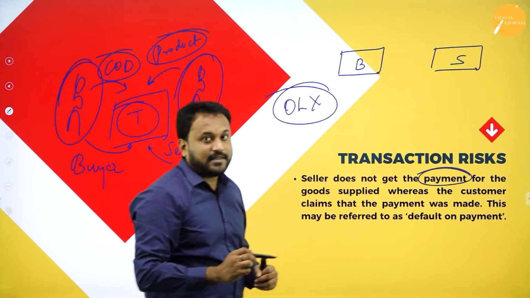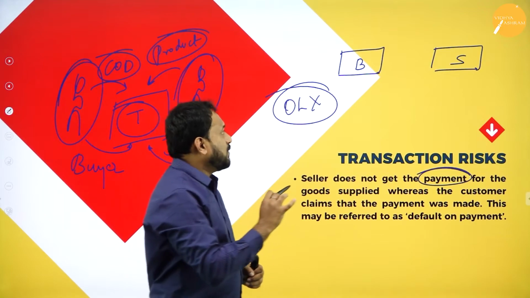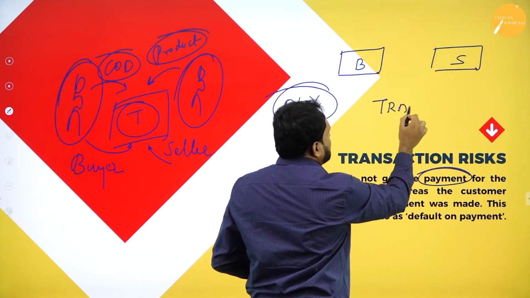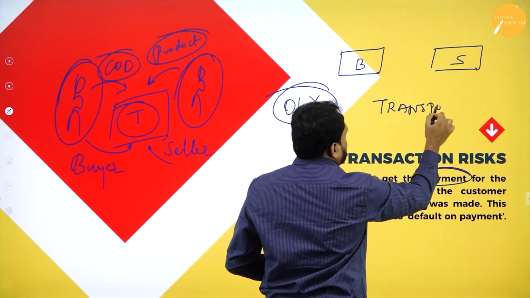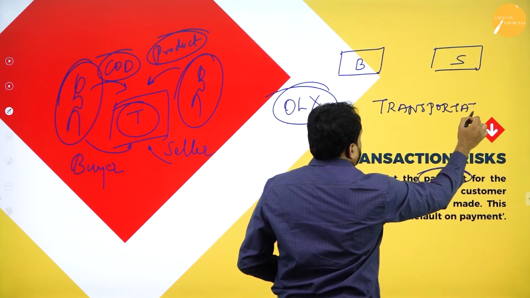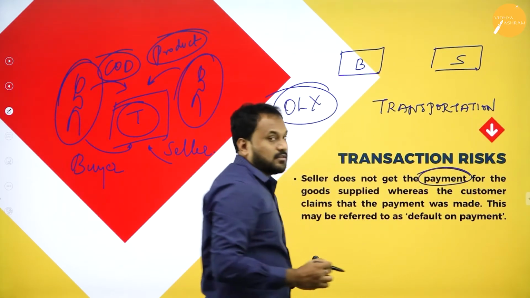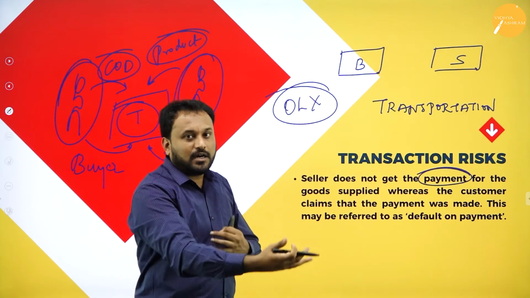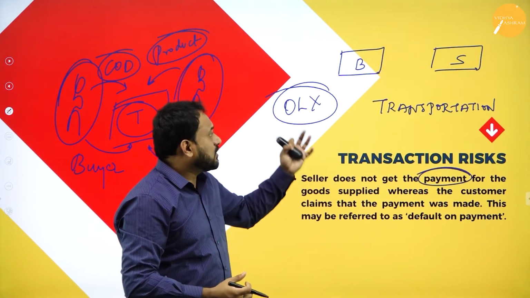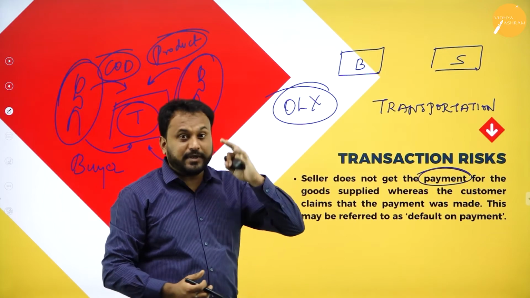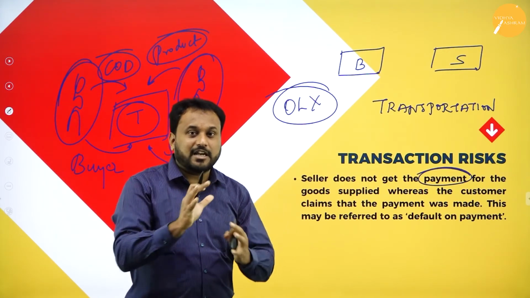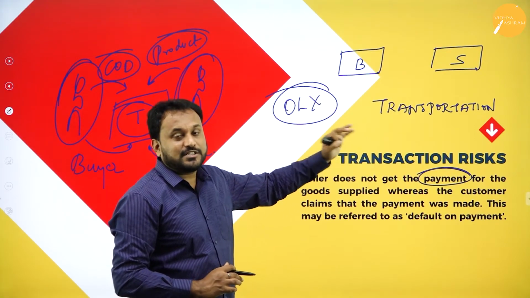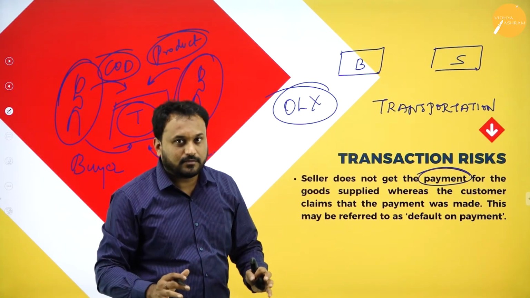Now what exactly did OLX do? For the transportation of second-hand goods, usually second-hand goods are bought and sold. So one person went with his brain, he was very brainy, he knew what commerce and business are all about. OLX said all the transportation charges are free.